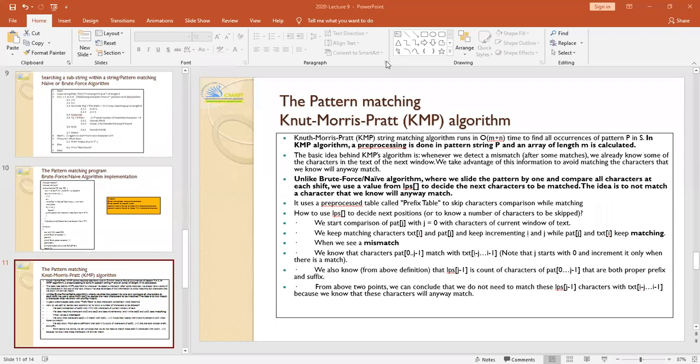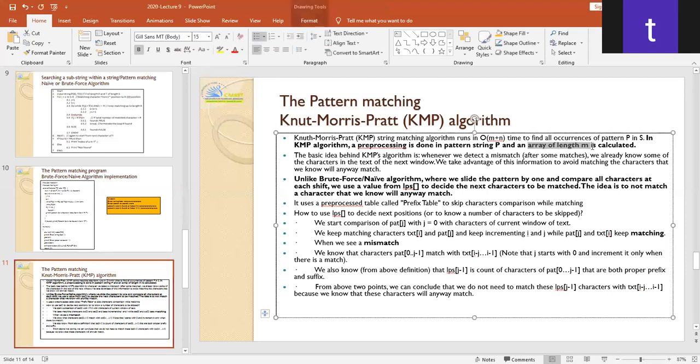So what you are going to do here is perform pre-processing on the pattern string P and an array of length M.